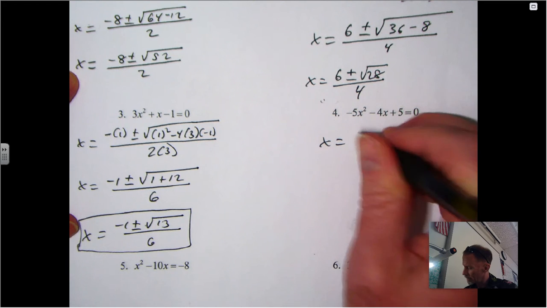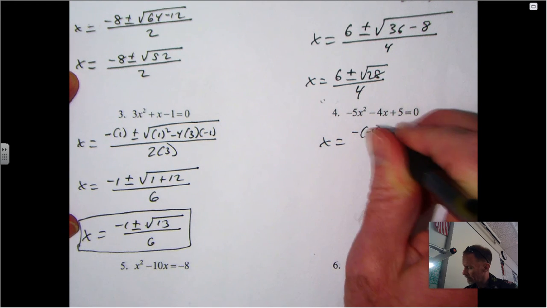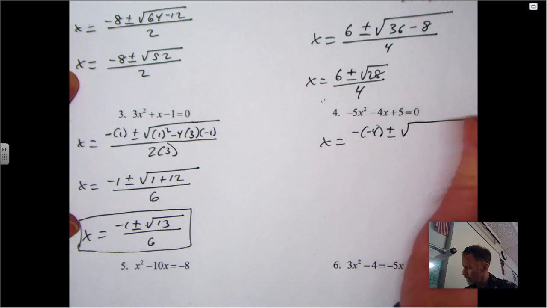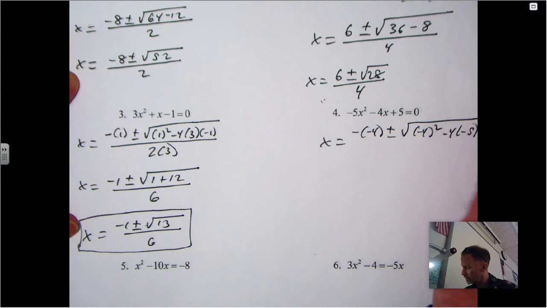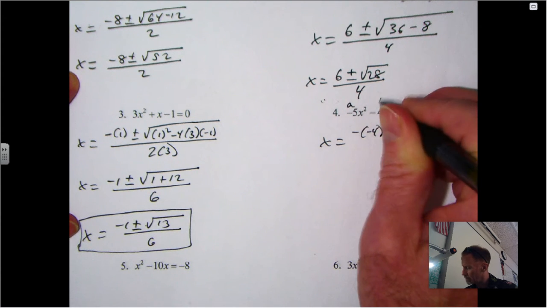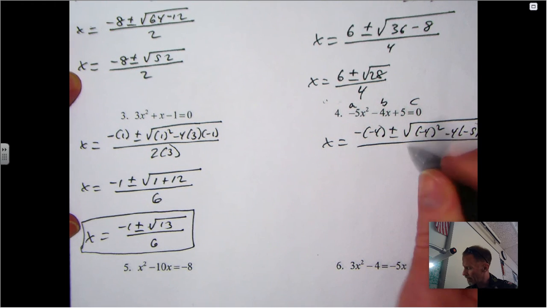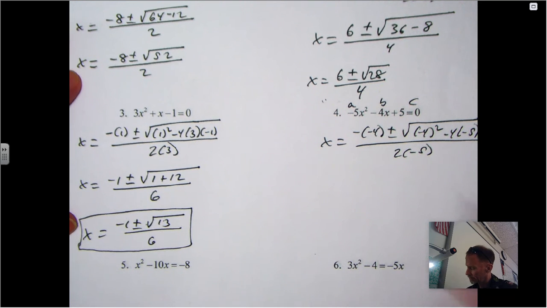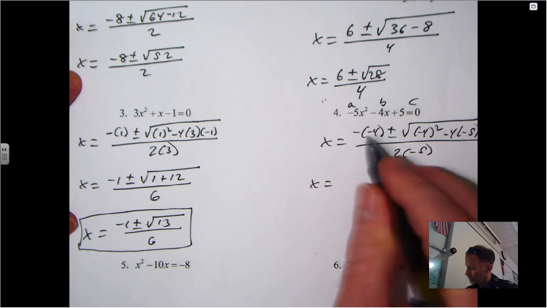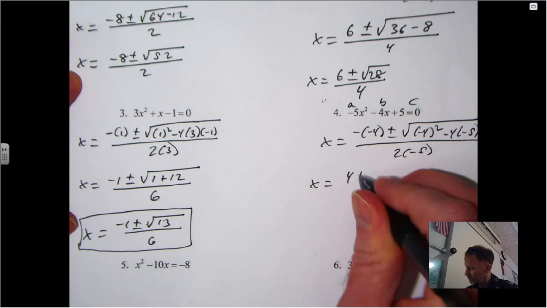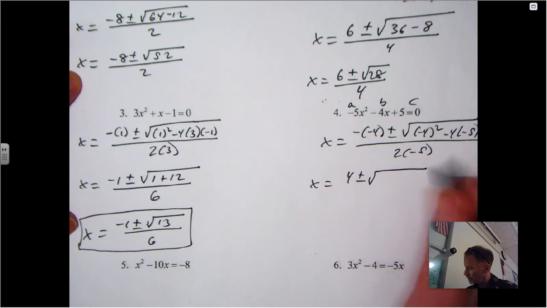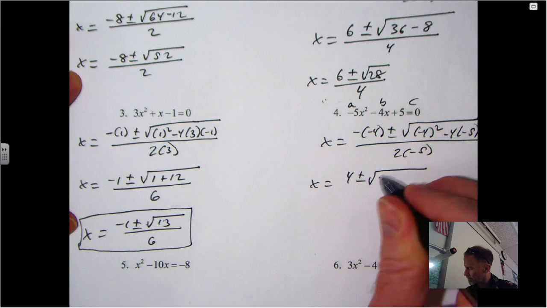So x equals negative 4 plus or minus the square root of negative 4 squared minus 4 times negative 5 times positive 5. Remember, there's your A, B, and C. All divided by 2 times negative 5. Two negatives make a positive. Negative 4 squared is 16.